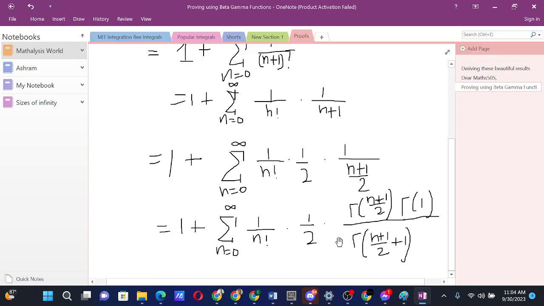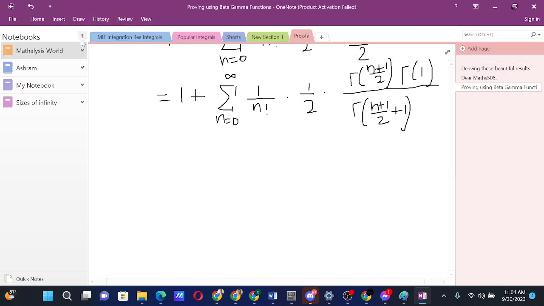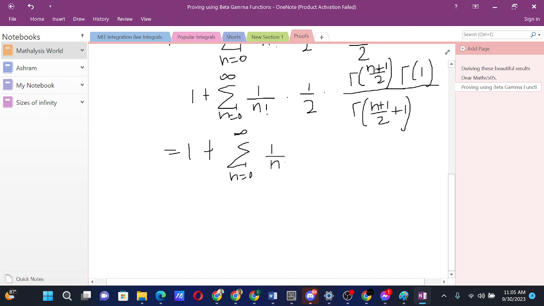Now you may notice something. You can notice that the summation from n equals 0 to infinity of 1 by n factorial times 1 by 2, and this is just the beta function of n plus 1 by 2 and 1.